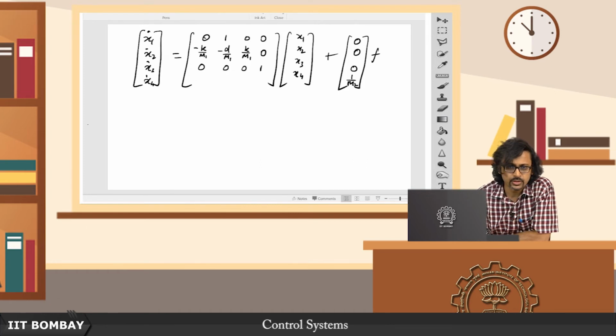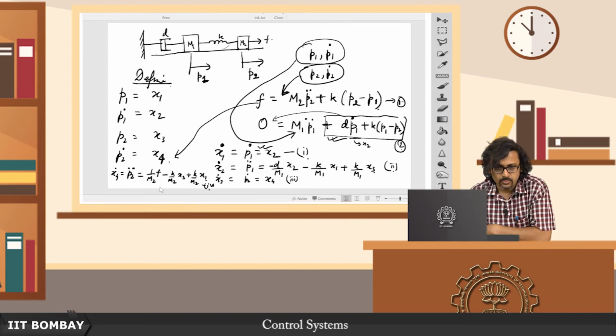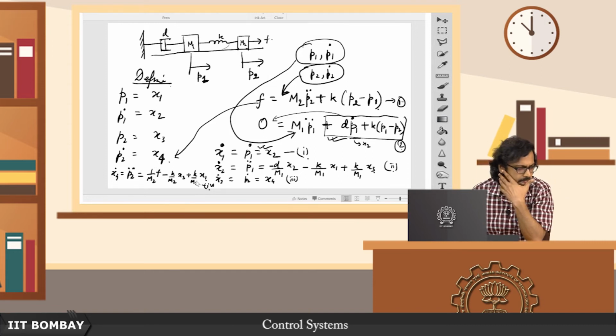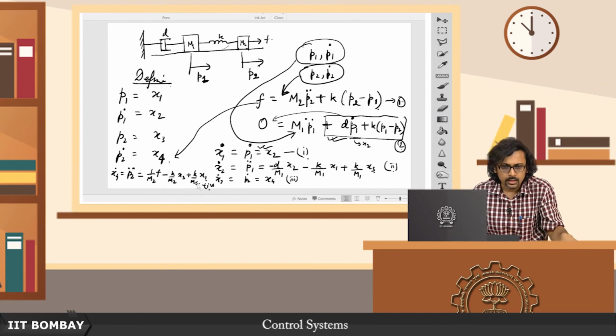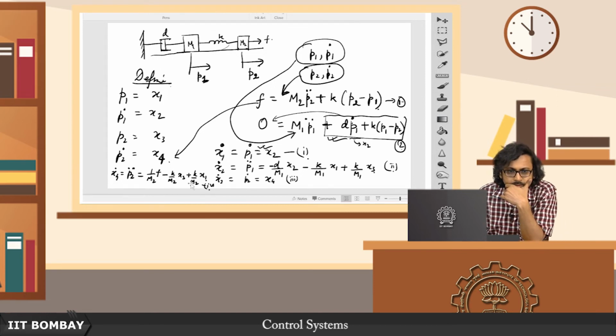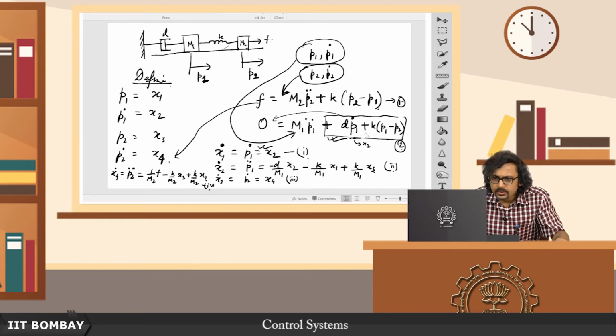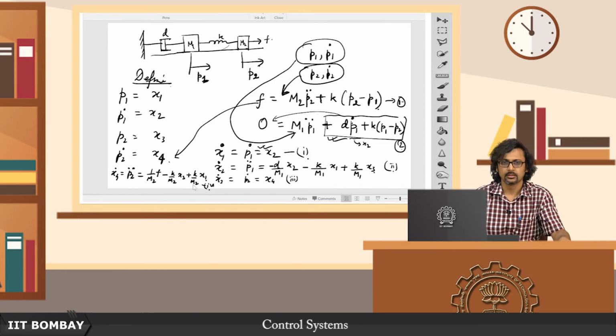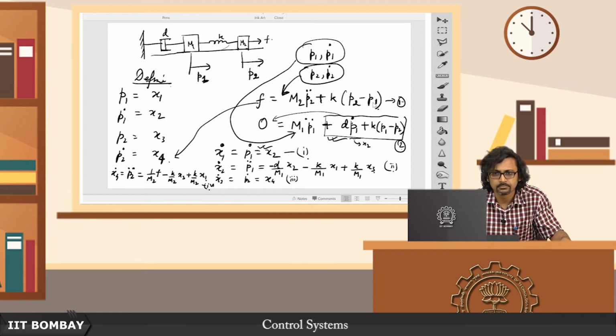What about the coefficients of x1, x2, x3, x4 in this equation? Just look, you have x1 appearing with k by m2. Was there a minus sign missing here? Let's see. I have k by m2 p2, p2 is x3, so that is going to be with a minus sign, and x1 is going to be just this p1, so that is going to appear with a plus sign.